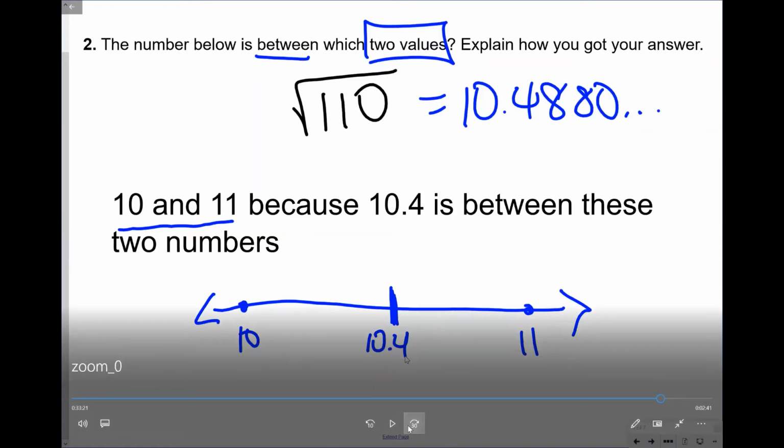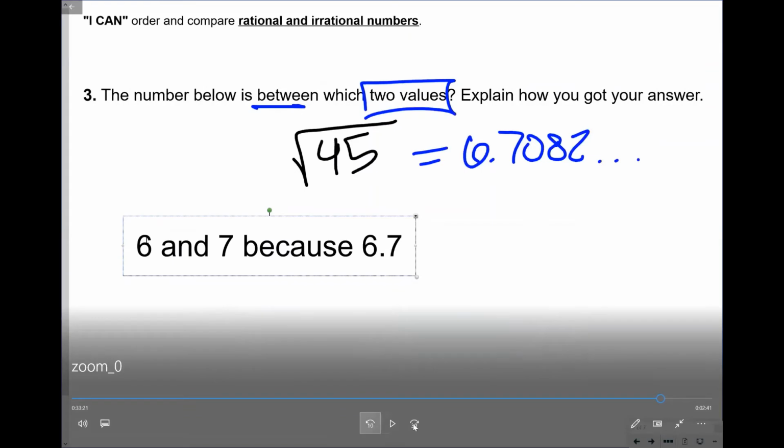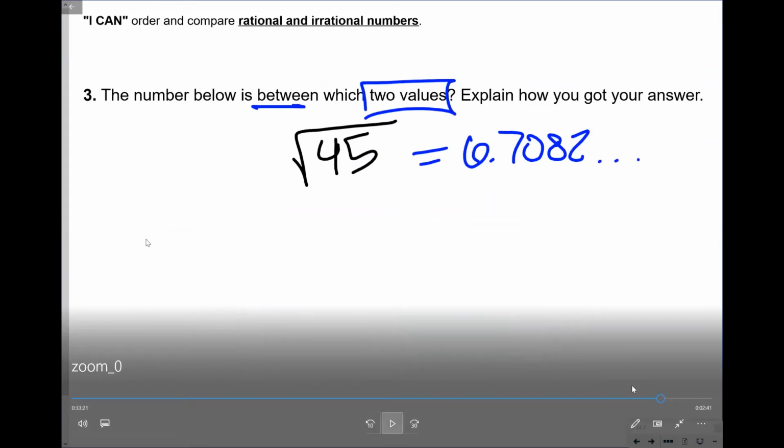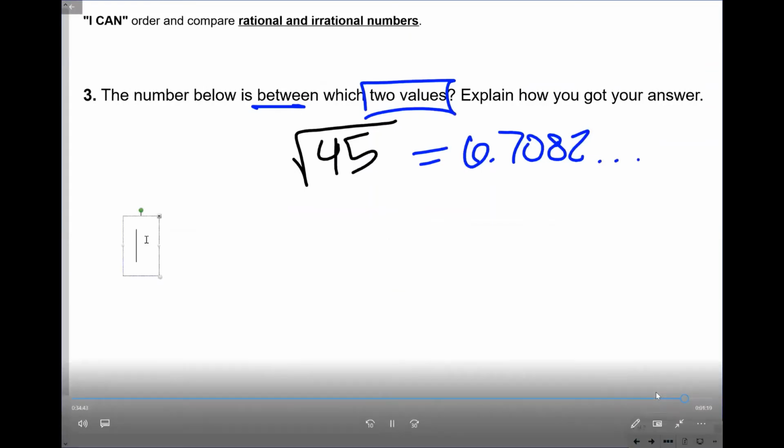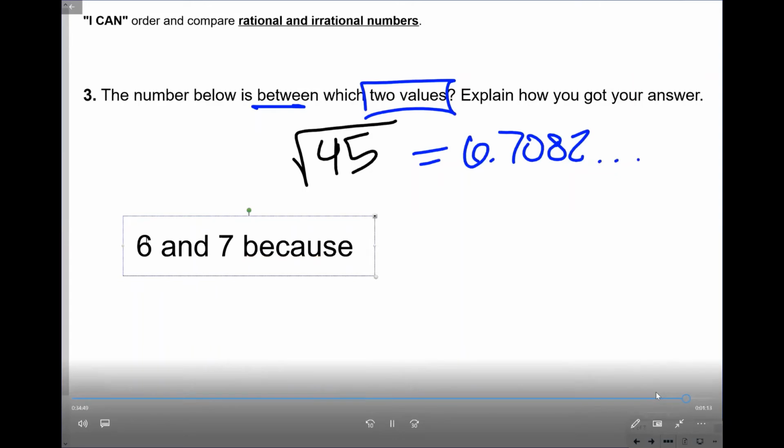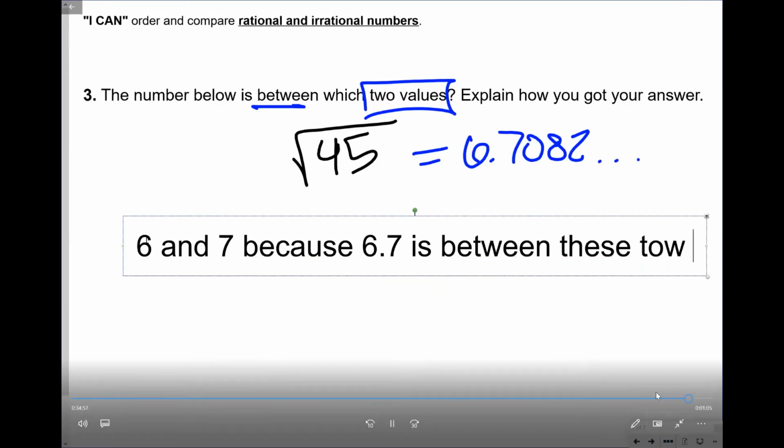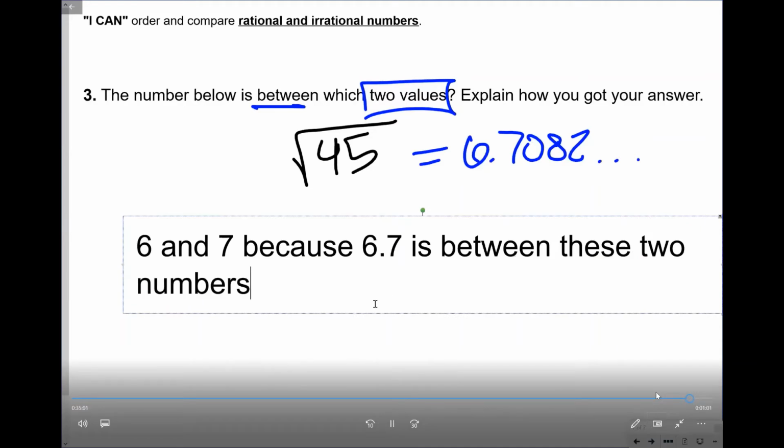If you are a visual learner, do this so you can understand. Let's look at one last one. 6.7. It is between 6 and 7, because 6.7 is between these two numbers.